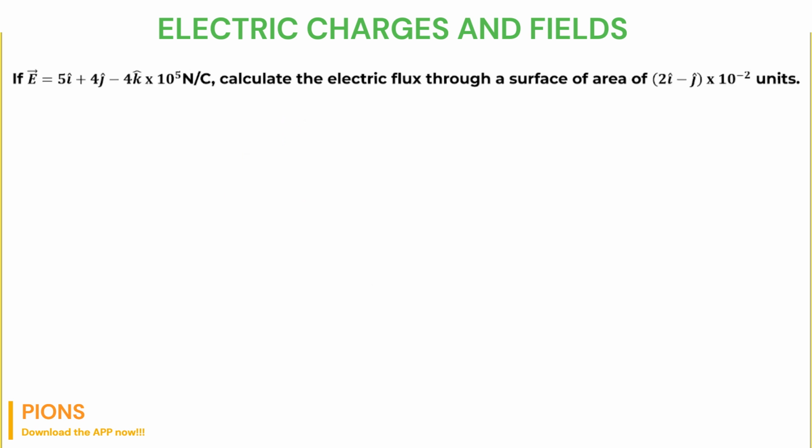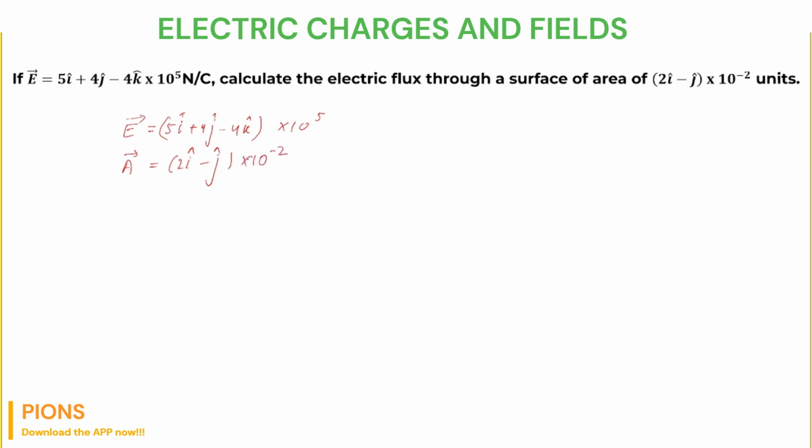So question over here says the electric field. Let me write the electric field here. E, which is equals to 5I plus 4J minus 4K. Let me keep it in a bracket into 10 to the power 5 Newton per Coulomb, and the area here again given in terms of vector, that is 2I minus J cap into 10 to the power minus 2.